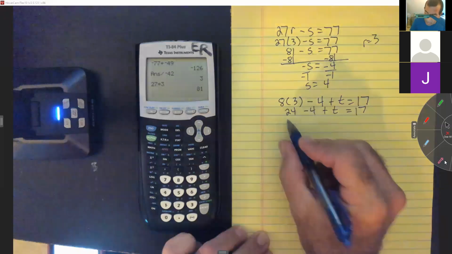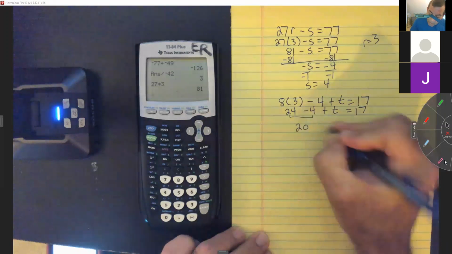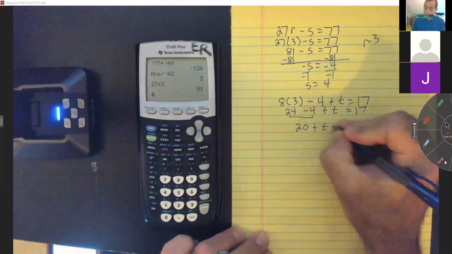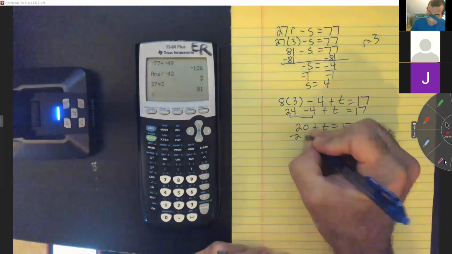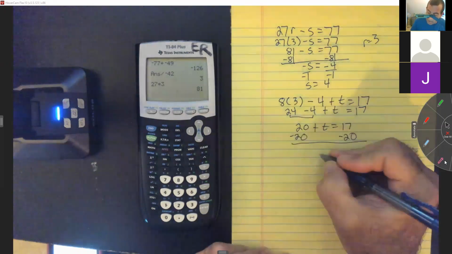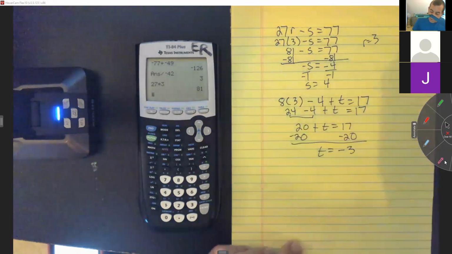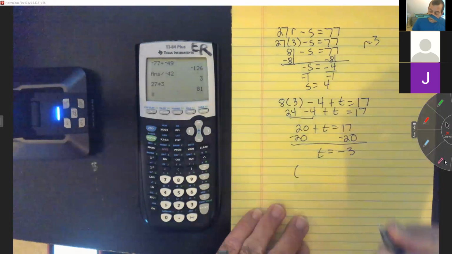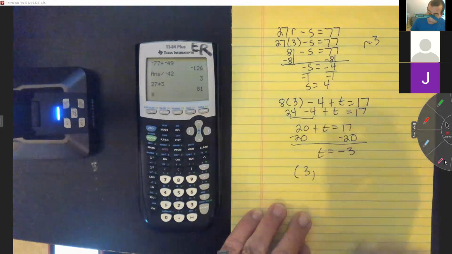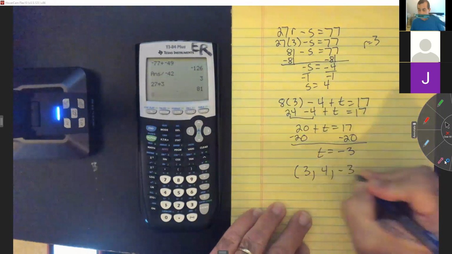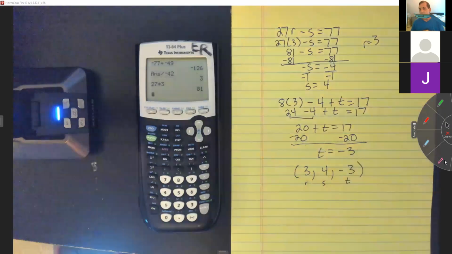I would combine these like terms. 24 minus 4 gives me 20 plus T equals 17. Final step, subtract that 20, and T is negative 3. So my answer would be R, which was 3, S, which was 4, and T, which was negative 3. So this is the RST. Always put them in alphabetical order, okay?